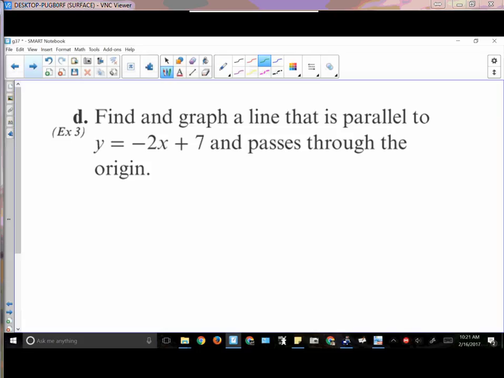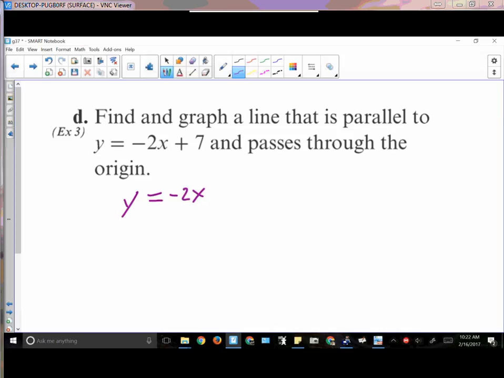So, Keely, did you come up with an equation? Oh, just read me what you got. That's okay, so you have y is equal to negative 2x, and that's it?